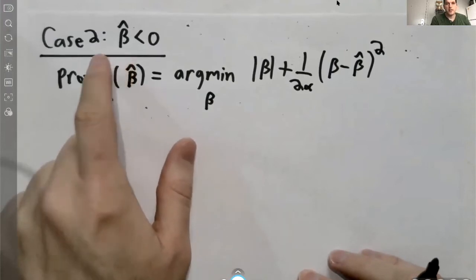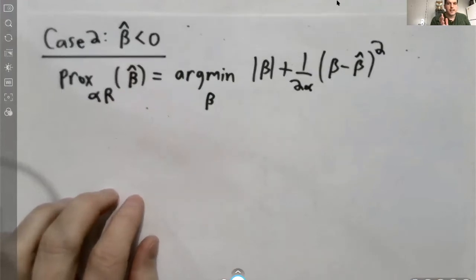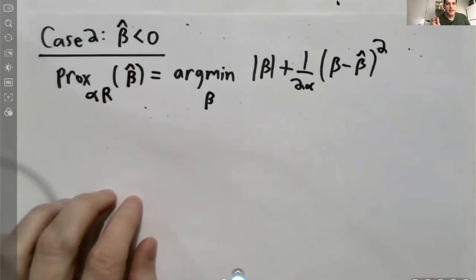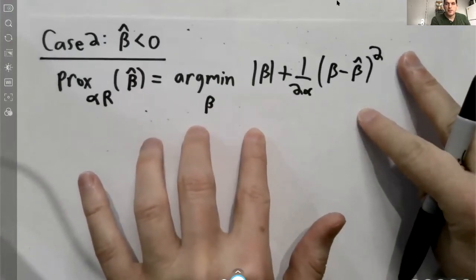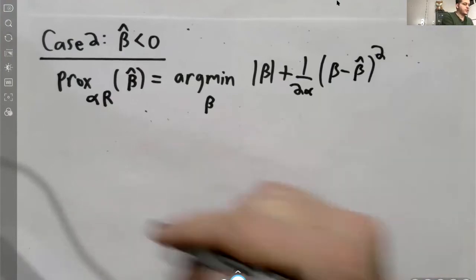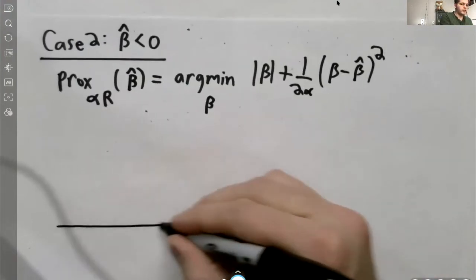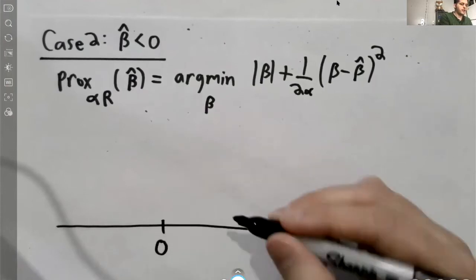This is case 2. In this case, I claim that there is no point in considering positive values of beta. When we're solving this little optimization problem, there's no point in considering positive values of beta. And let's try to understand why that's true. So let's draw this picture. Here's the origin.